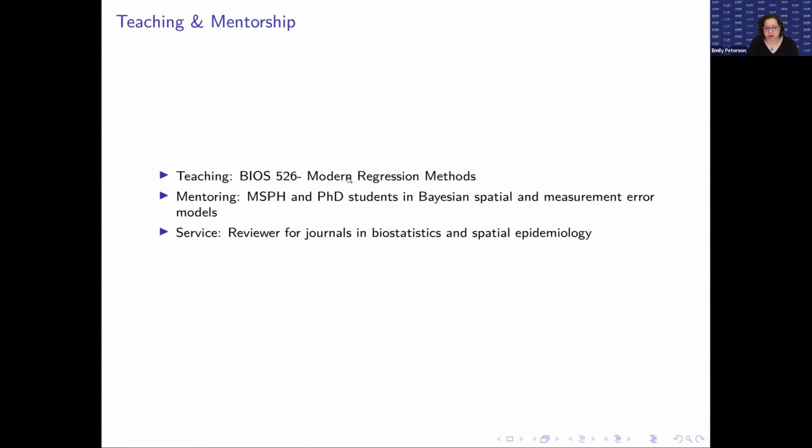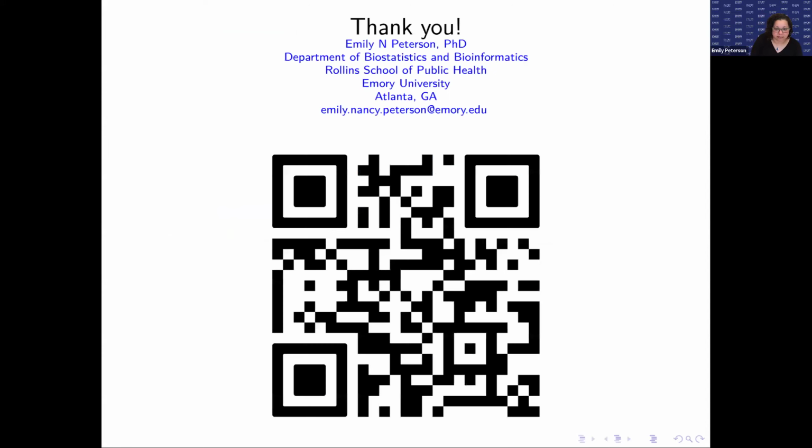I also really enjoy mentoring master's and PhD students in Bayesian spatial hierarchical modeling as well as measurement error models if they have an interest in building these types of models that try to produce accurate information in the context of bias and sparse data. I also serve as a reviewer for journals in biostatistics and spatial epidemiology. So in addition to my research, I truly enjoy working with students. And there are multiple projects, if you're interested, that you may learn about or join.